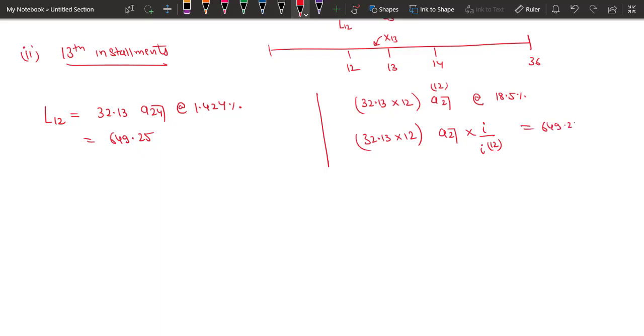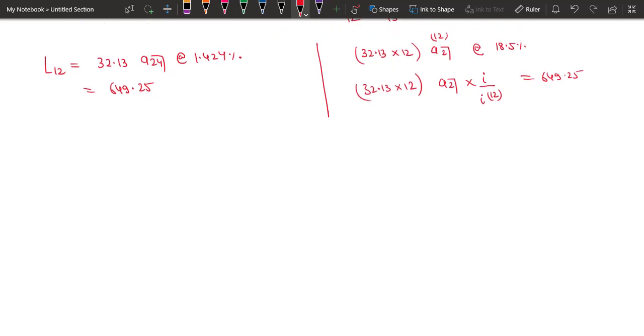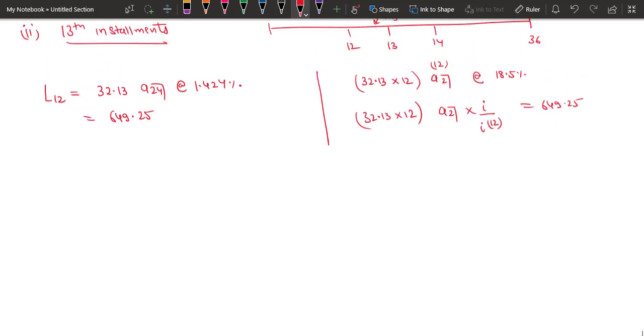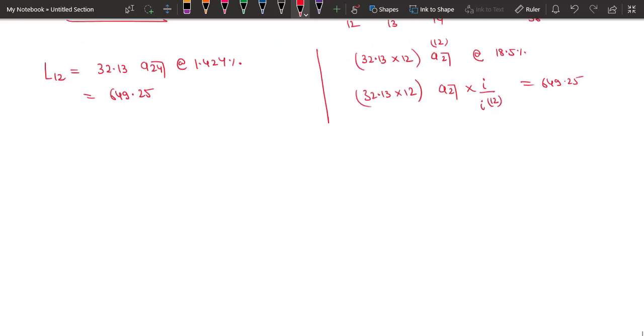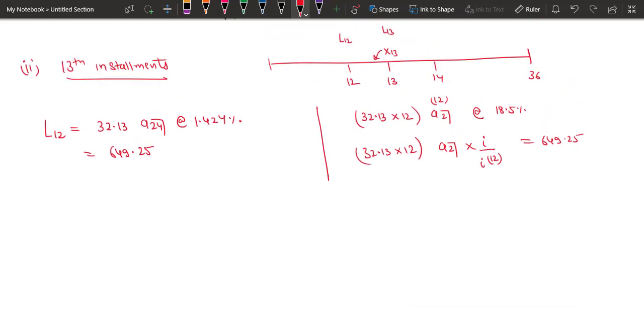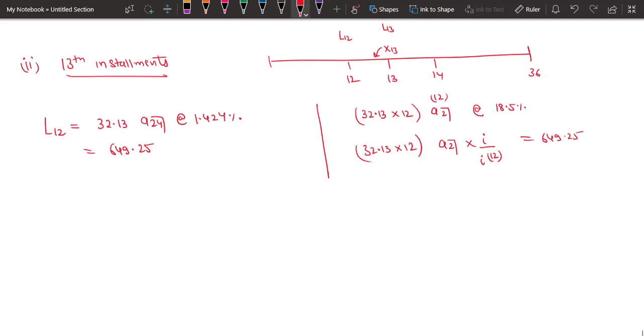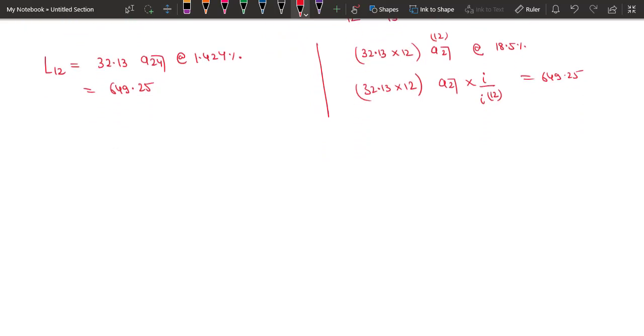So the answer will again be 649.25. I'm sorry, this 649.25 is not the capital part, we are just calculating the outstanding value. So this L12 is the loan outstanding at time 12, and its value is 649.25.